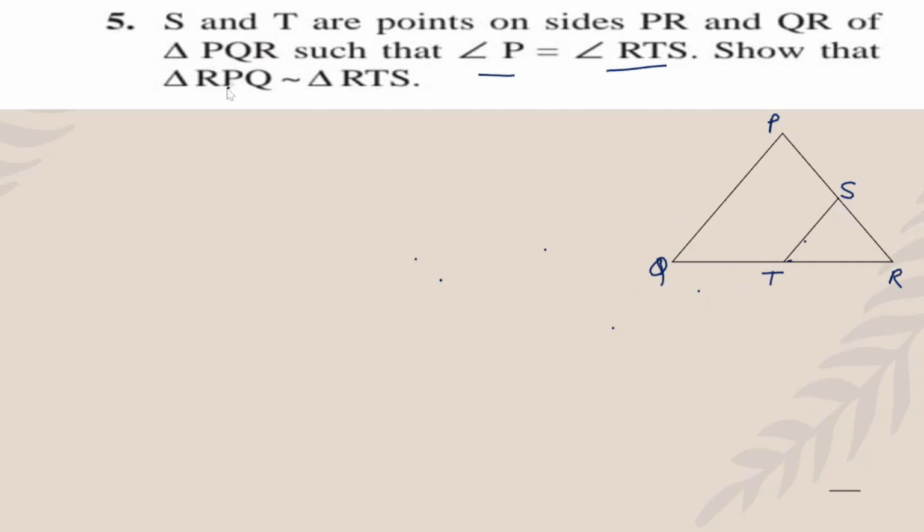So we have to prove triangle RPQ, the entire triangle, similar to triangle RTS, this small one. So first we will write given. What is given here? Given that angle P equals angle RTS.